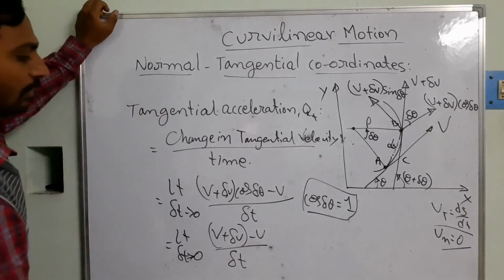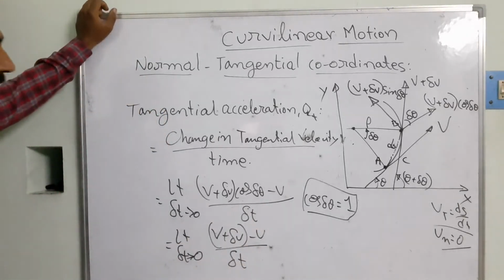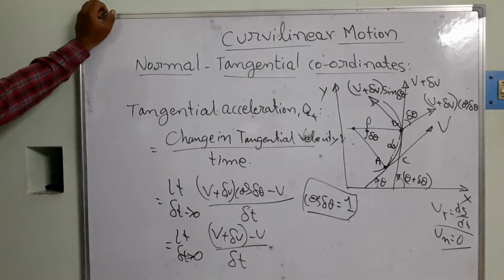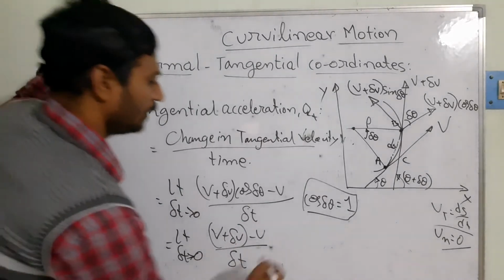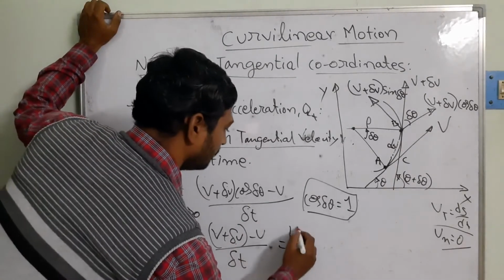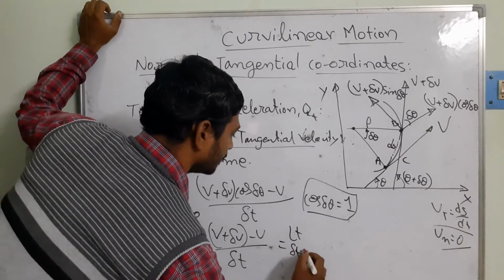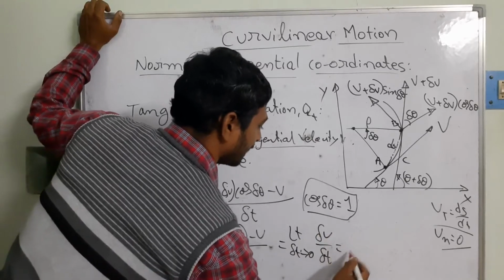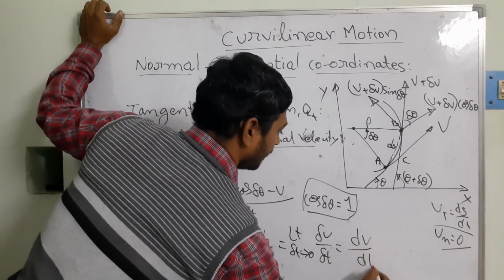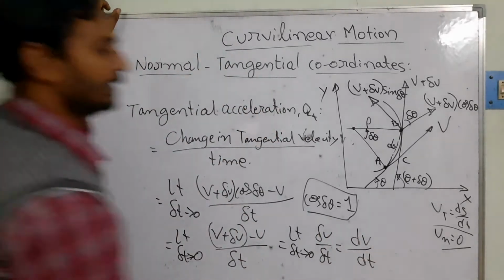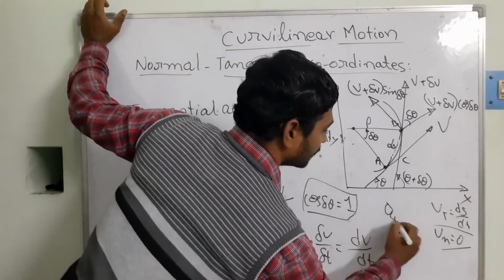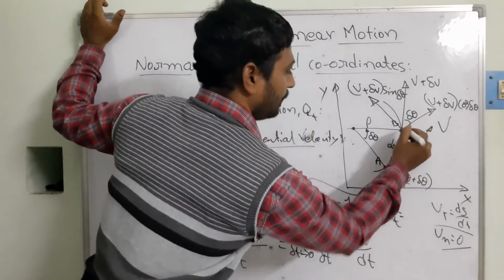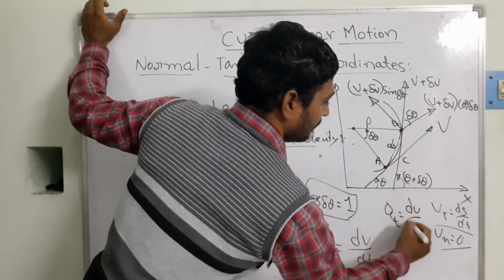The V will be cancelled out, so only del V by del t remains. That is limit del t tends to 0 of del V by del t, which is dV by dt. So the tangential acceleration of that particle at point B is equal to dV by dt.